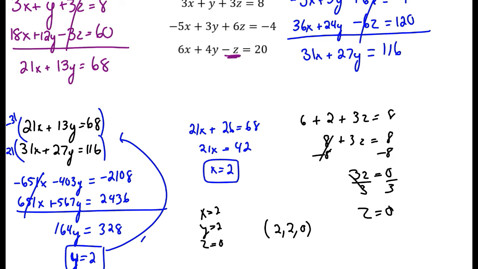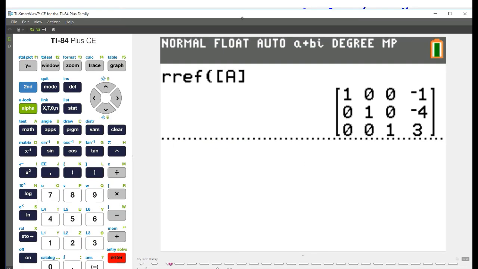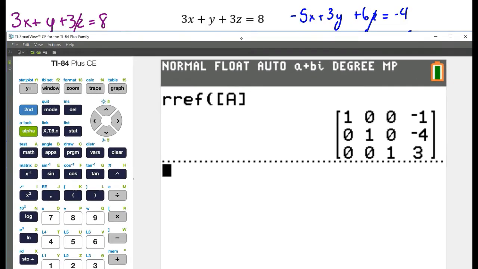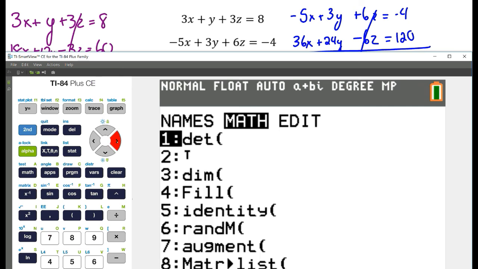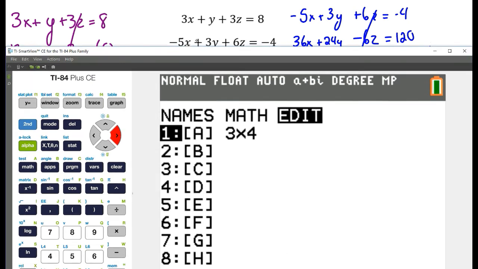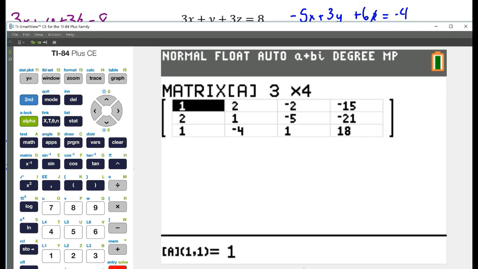Either of those work. How do you check this on your calculator? Go to your calculator, and I now need to edit my matrix. So I'm going to hit second matrix. I want to go over and edit it because I have to put in these new numbers. The first row, it's still 3 by 4. The first row goes 3, 1, 3, 8.